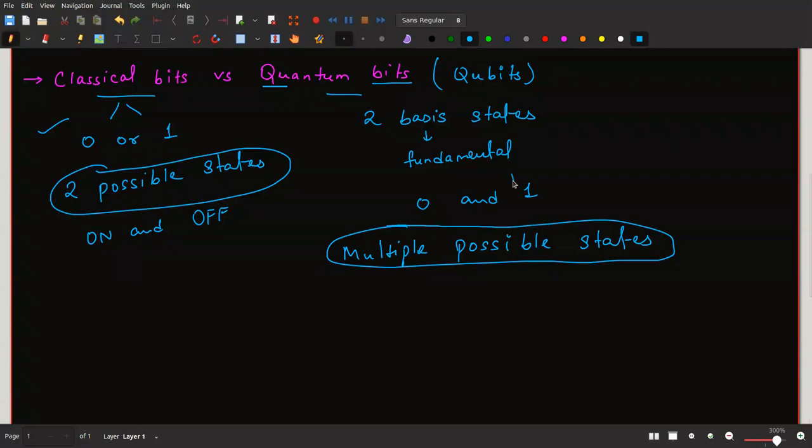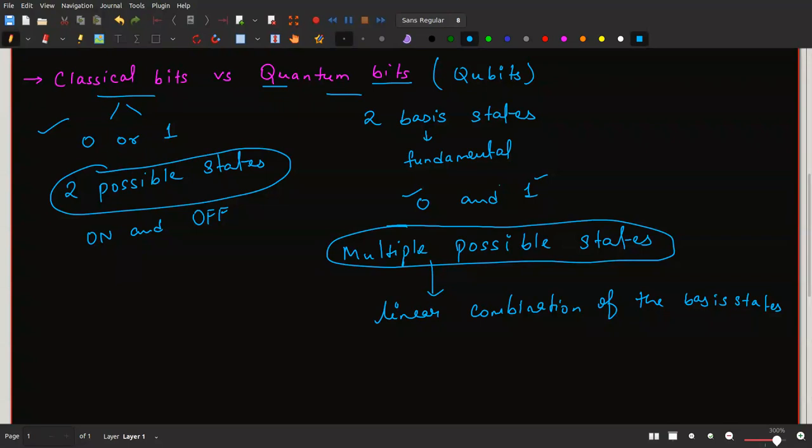So what did I say? In qubits, we can have multiple possible states, and these multiple states come by linear combination of the basis states. What are the basis states? I told you, 0 and 1. There is a way of representing these states.